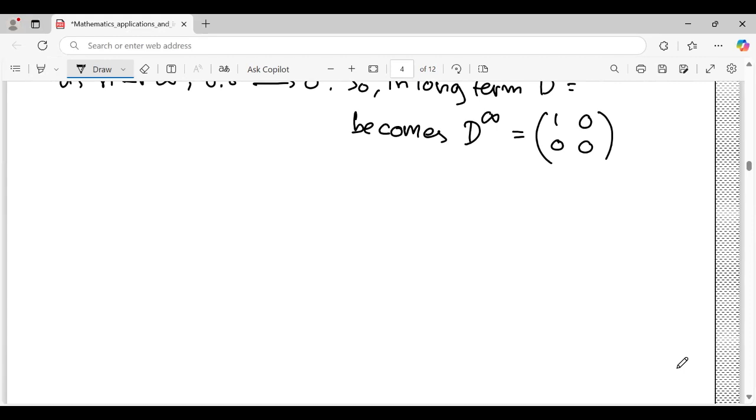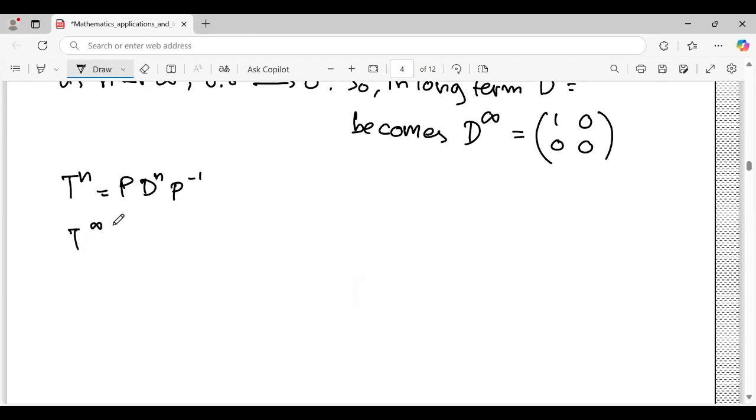I need more space, right? So T power N equals, according to the statement, P multiply D power N multiply P inverse.